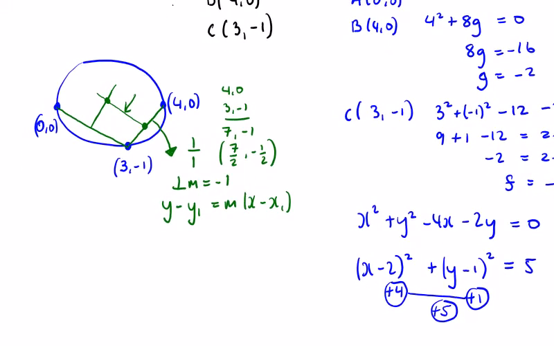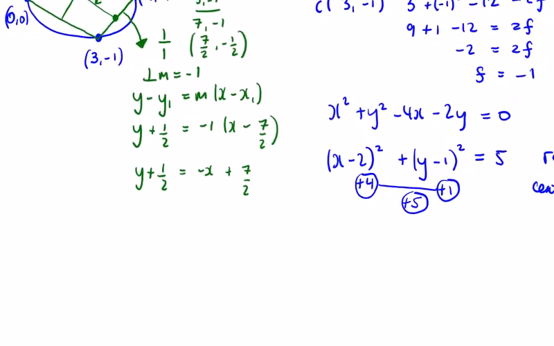So I have my perpendicular slope, I have my point. So y minus minus a half, so y plus a half is equal to minus 1 times x minus 7 over 2. So I'll just simplify it out first. y plus a half is equal to minus x plus 7 over 2.